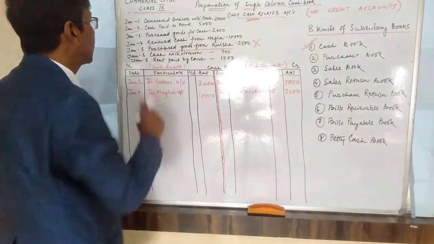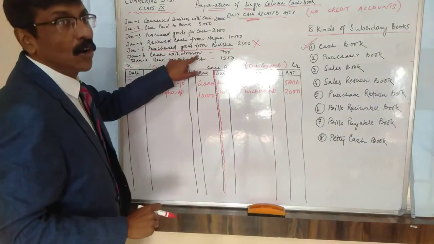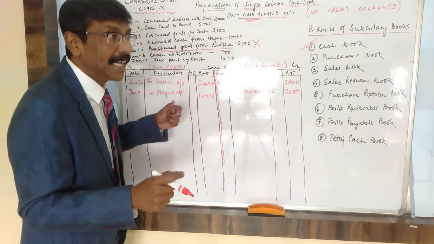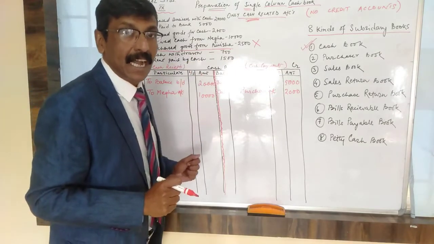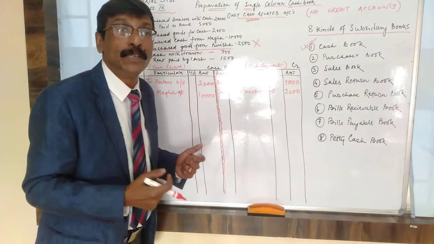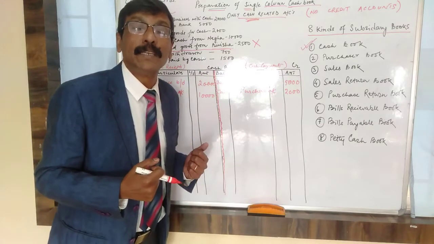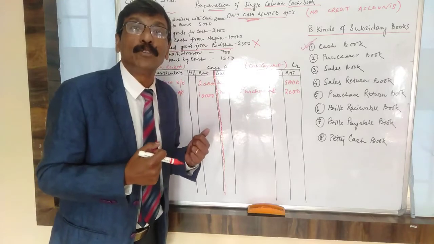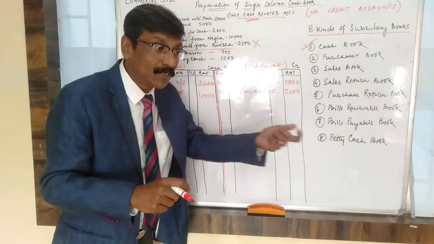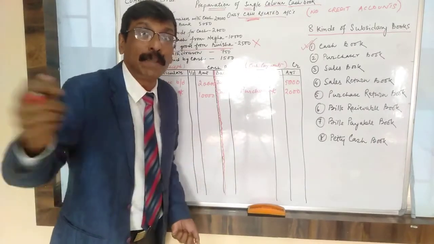Is this clear? Now next, cash withdrawn. It is drawings. I remember I told you, I have withdrawn cash for my personal use. I withdrew 500 rupees cash from my company to fill petrol. It is not received; actually, I have taken that money to pay for petrol.